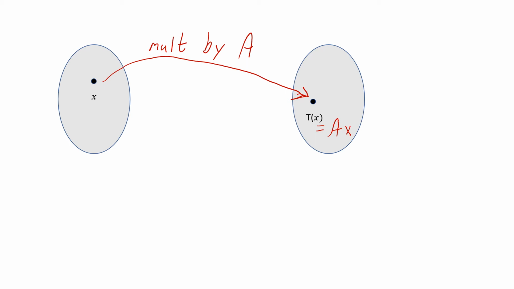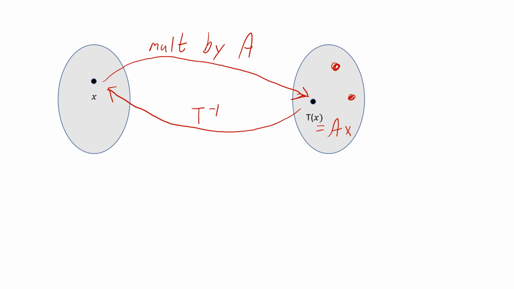But now what about the inverse? We also talked about an inverse transformation, where you can go from your T of x back to x, if that's linear and works for any point in your domain. So you can go from T of x back to x by using the linear transformation T inverse.